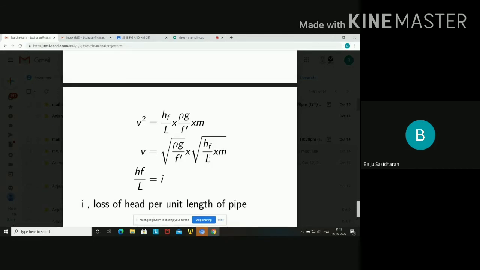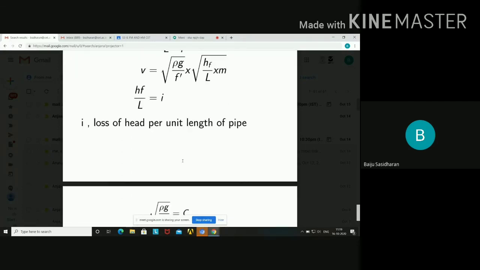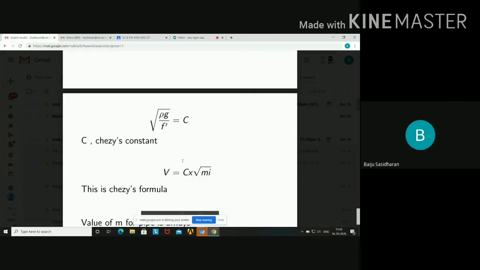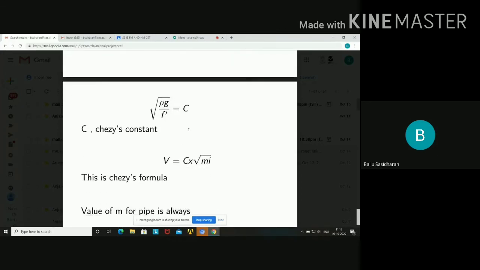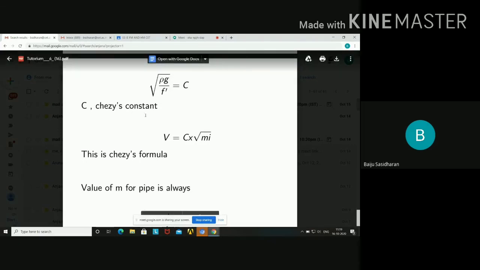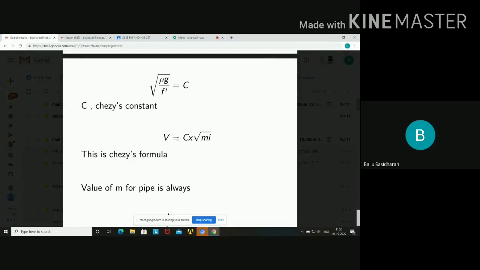Here density is a constant, g is a constant, this also is a constant, therefore root of rho g by f dash is indicated by another constant, termed Chezy's constant. Therefore the expression for the velocity is V is equal to C into root of m i, and this is known as Chezy's formula.